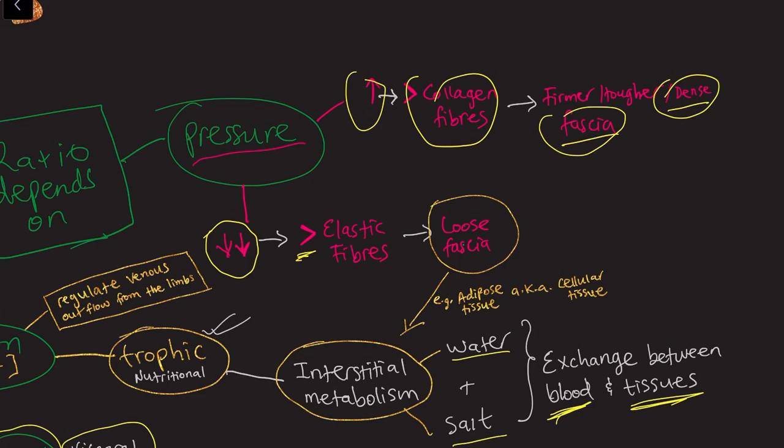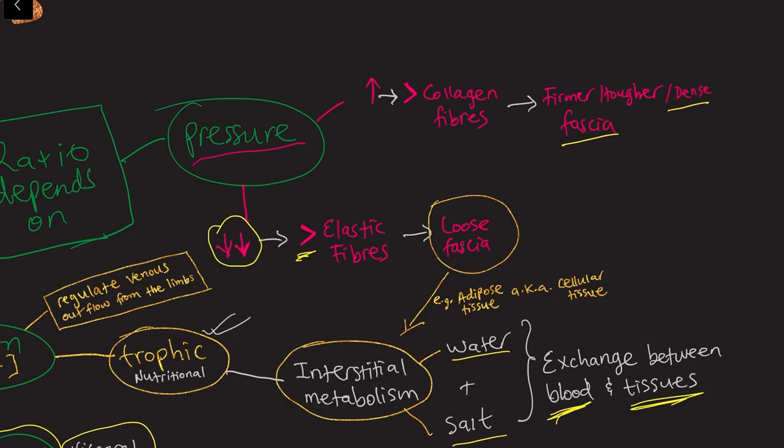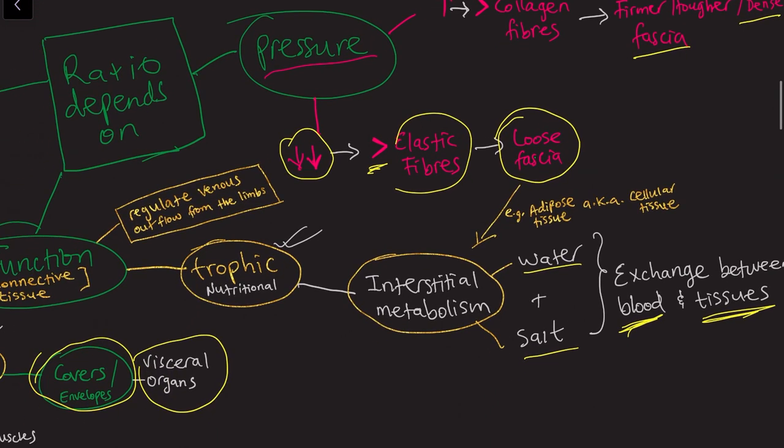On the other hand, the less pressure is exerted on that organ, the more elastic fibers you have, and the more elastic fibers you have, the looser the fascia is, right? So dense fascia receives more pressure than loose fascia. Loose fascia is such as the adipose tissue as well as the cellular tissue.